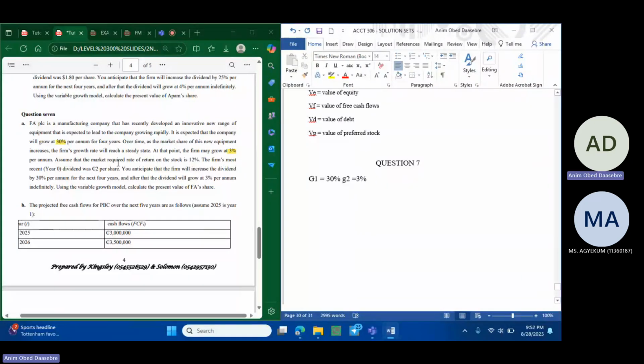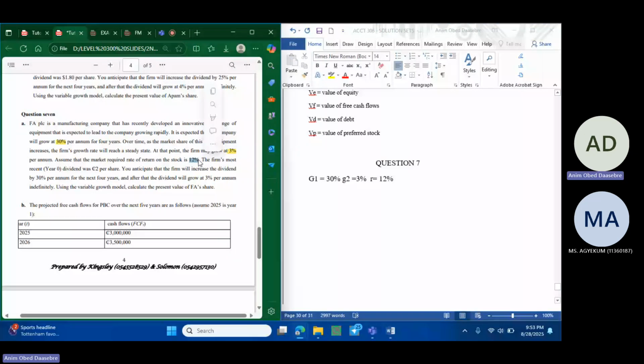Assume that the market required rate of return is 12%. So the market return, r, is what? r is 12%. And then what's next?